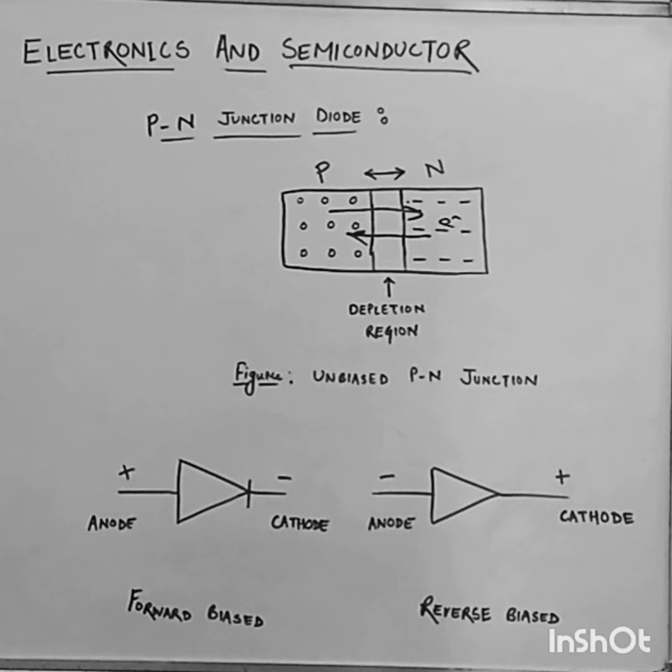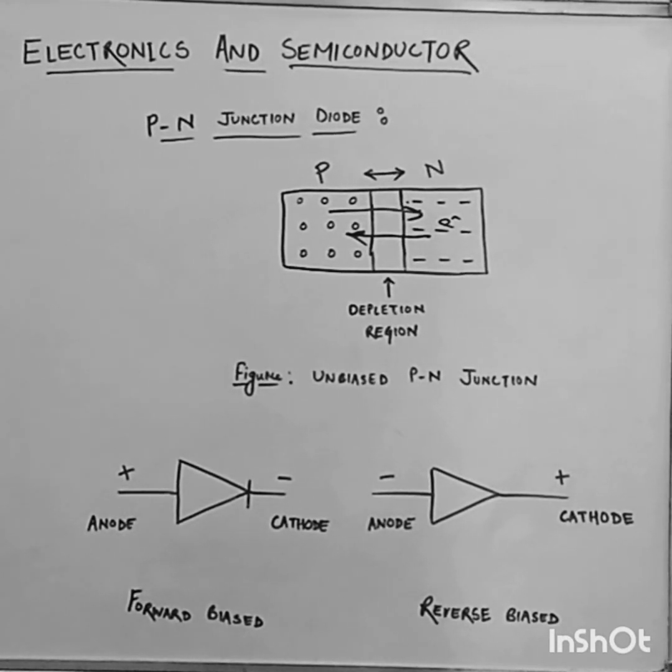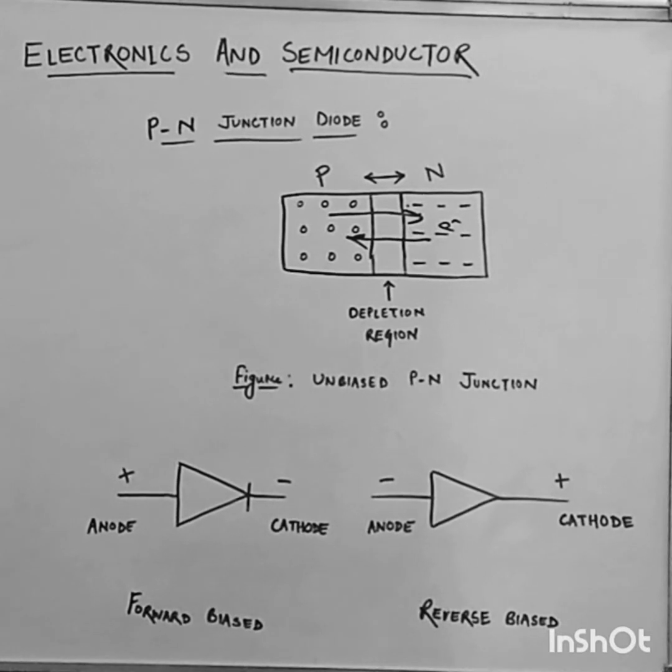Because of this diffusion of the free electrons from the n to the p region and of the holes from the p to the n region, these holes and electrons will recombine near the junction. The region around the junction does not contain either free electrons or holes, and this region is therefore known as the depletion region, because depleted means it does not contain any charged electrons or positively charged holes.